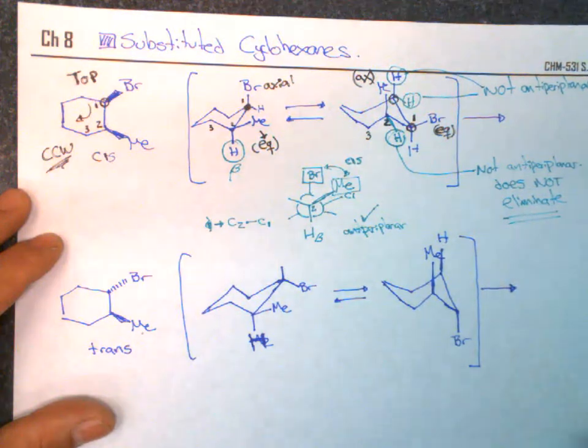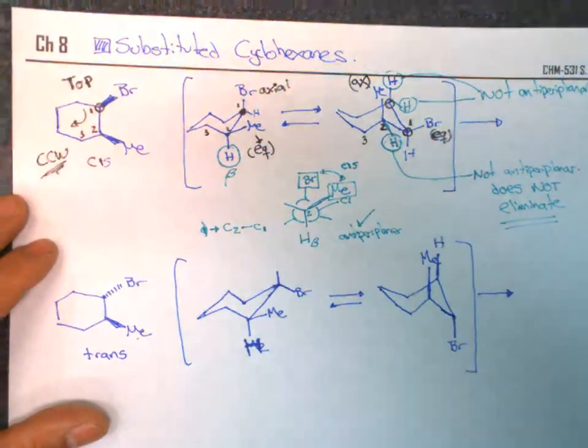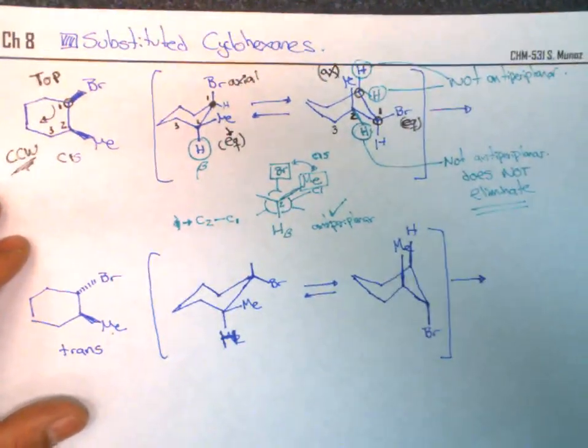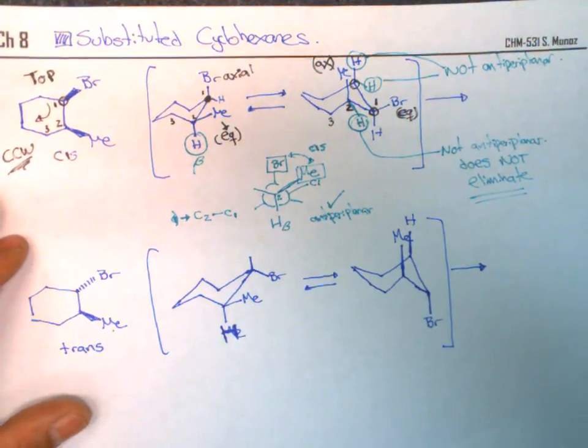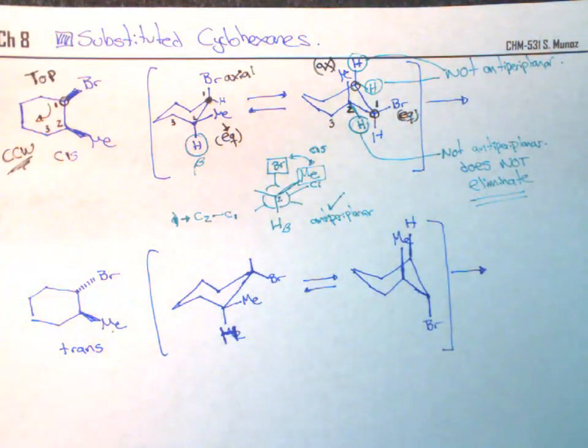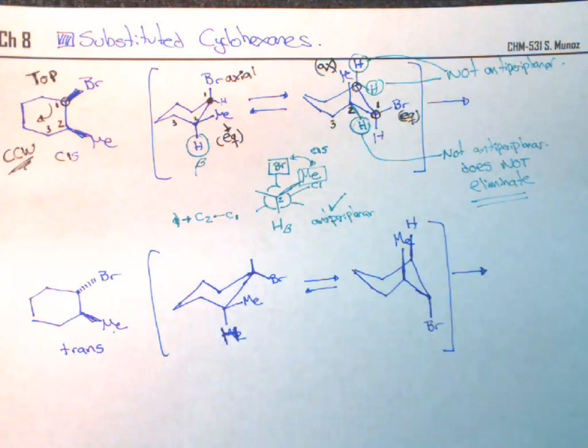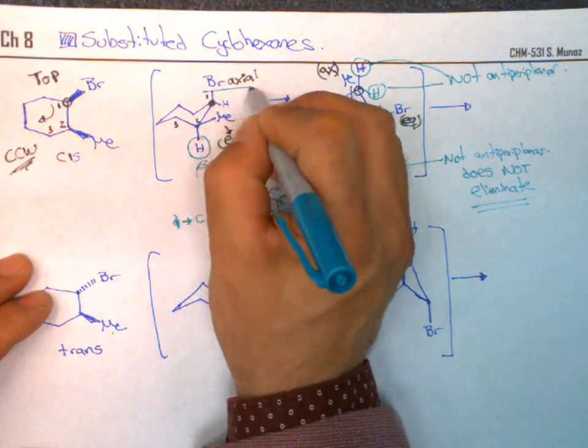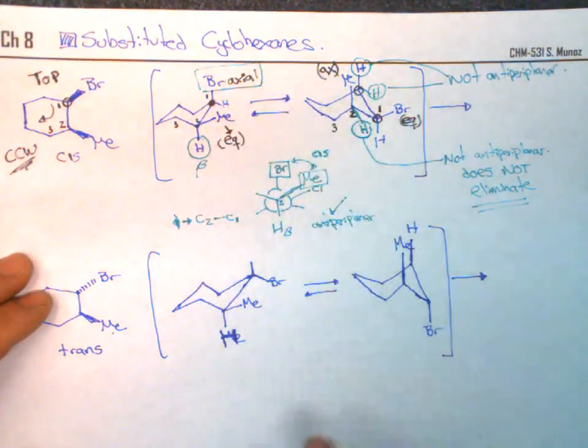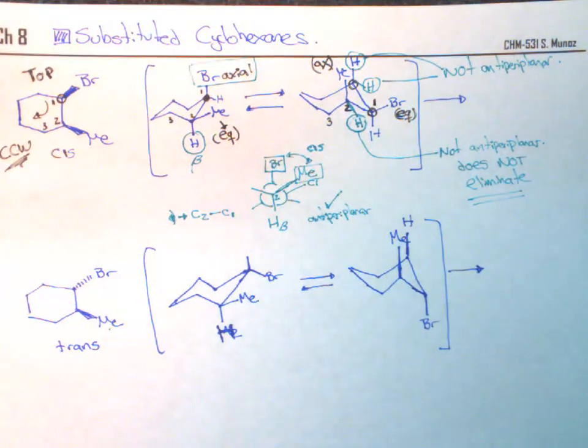In other words, the only conformation able to give you an E2 elimination is the one in which the bromine or the leaving group is axial. So as soon as you have a substituted cyclohexane, you have to put your leaving group, your halogen atom, in the axial position. If it's not in the axial position, it's not going to have any beta hydrogens that are anti-periplanar.